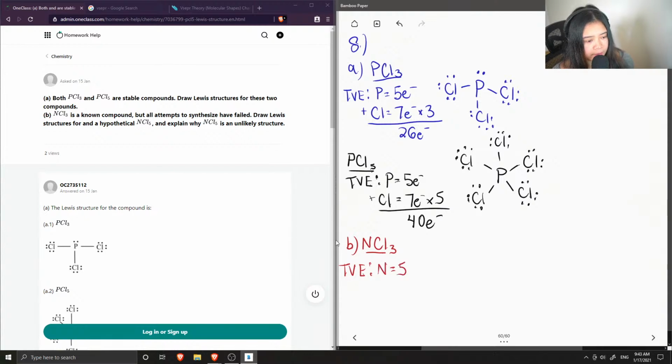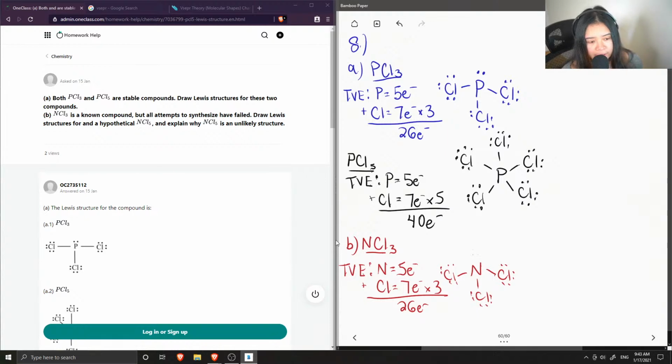Nitrogen has 5, chlorine has 7 times 3, so 26 electrons in total. And similarly with our PCl3, I'll draw in all of the lone pairs on the chlorine, and our nitrogen should have a lone pair as well to get 26 electrons.